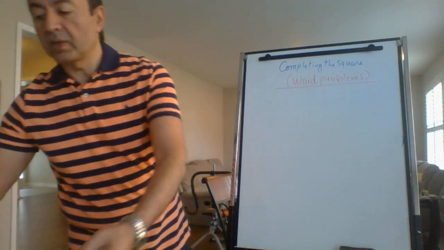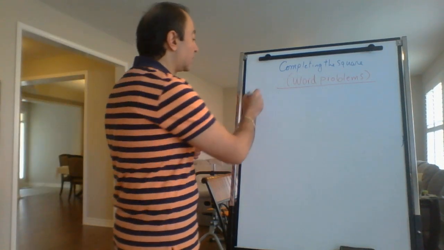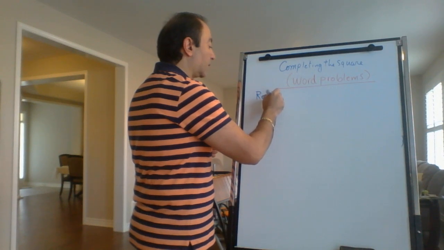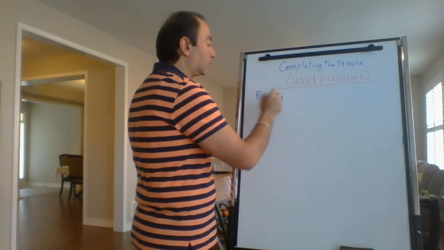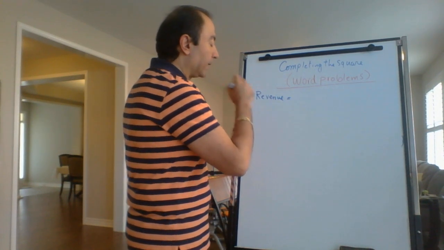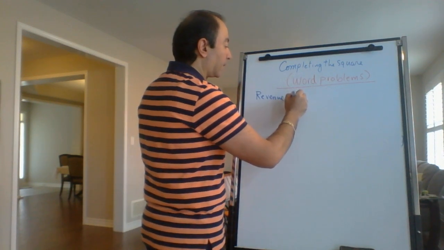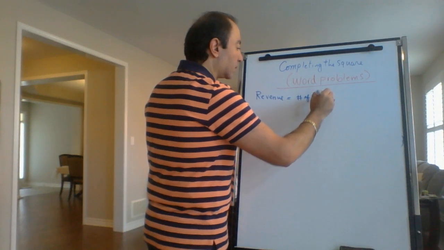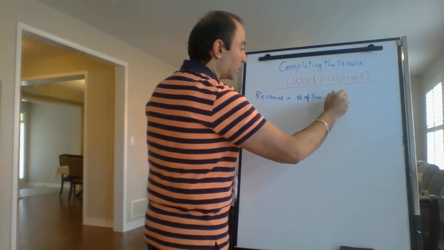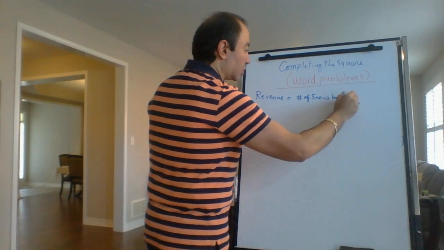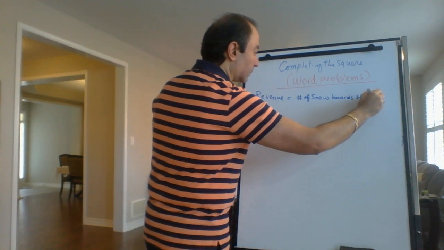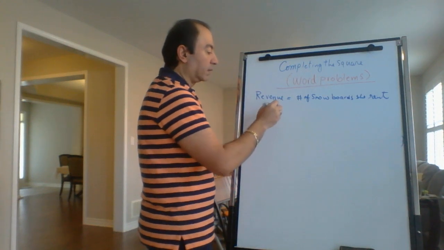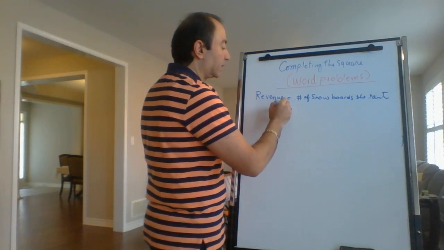Okay, so revenue is the total money she makes. Revenue is the total amount of money she makes, so it is the number of snowboards she rents times the price, the rental price.